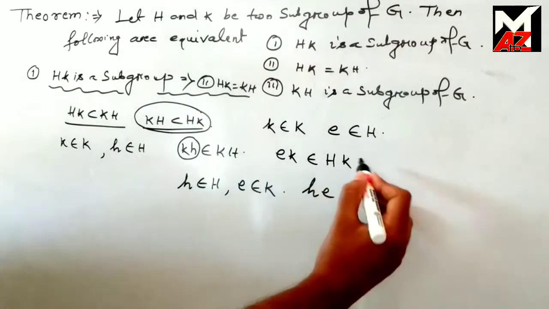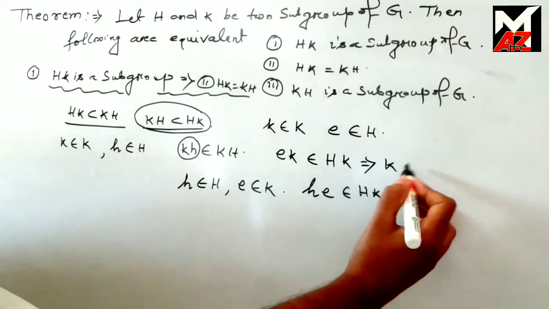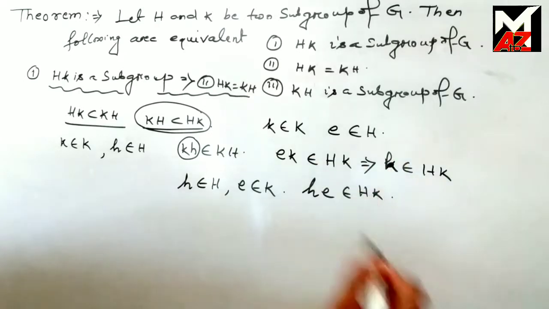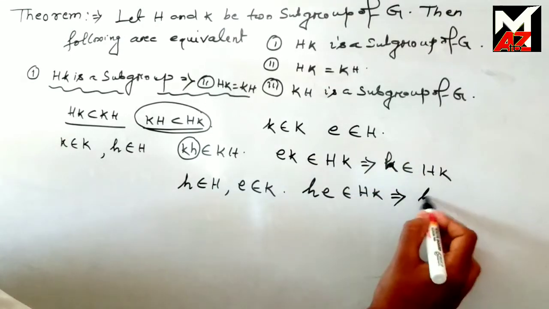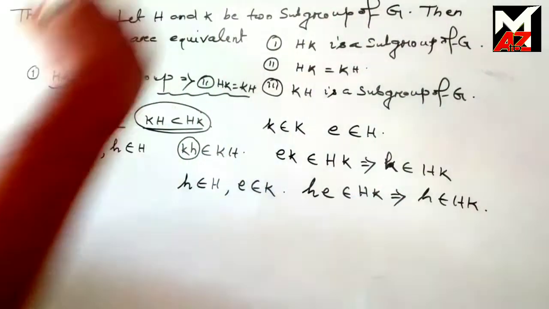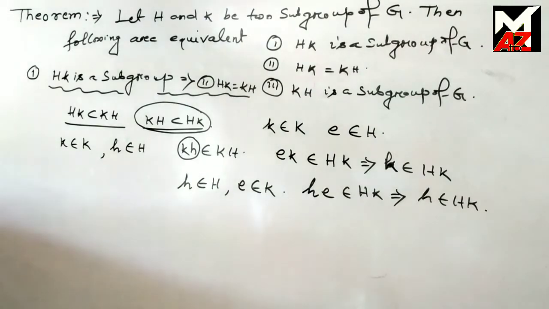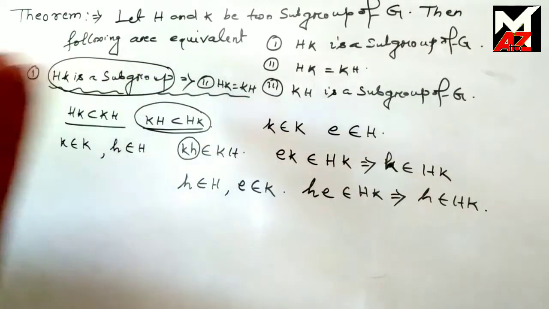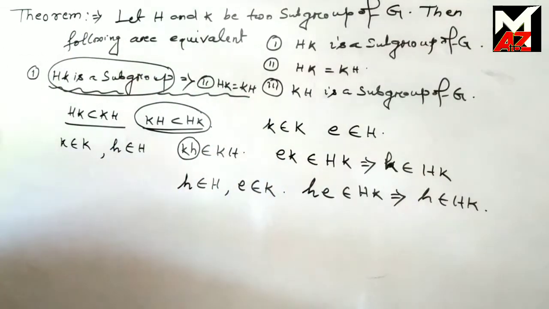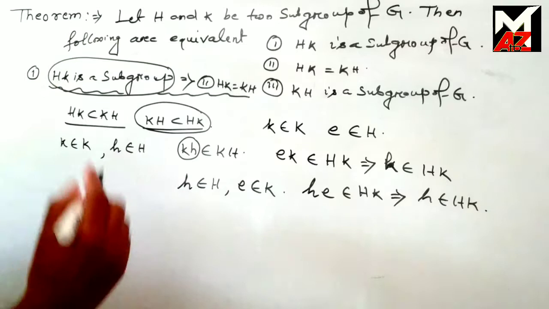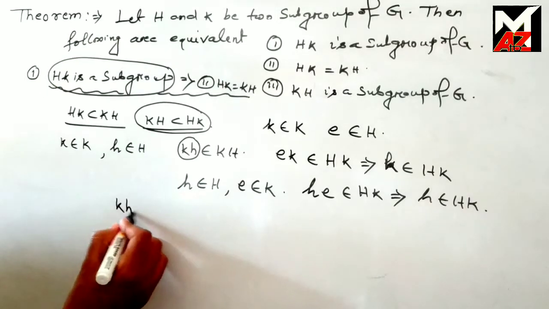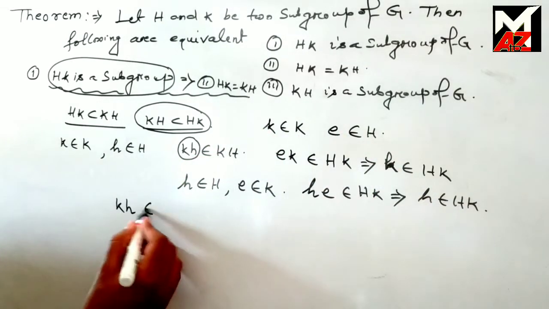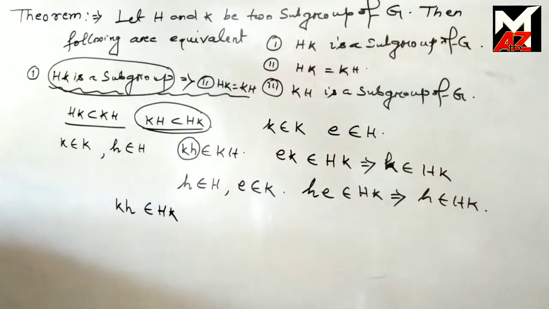This relation gives k belongs to HK, and this relation gives h belongs to HK. And since HK is given as a subgroup, by the closure property we must say k into h belongs to HK.